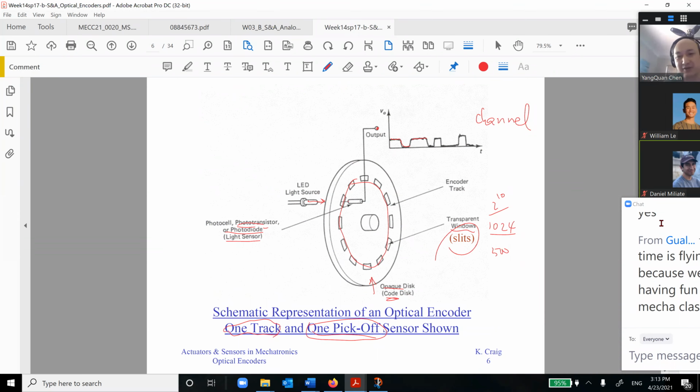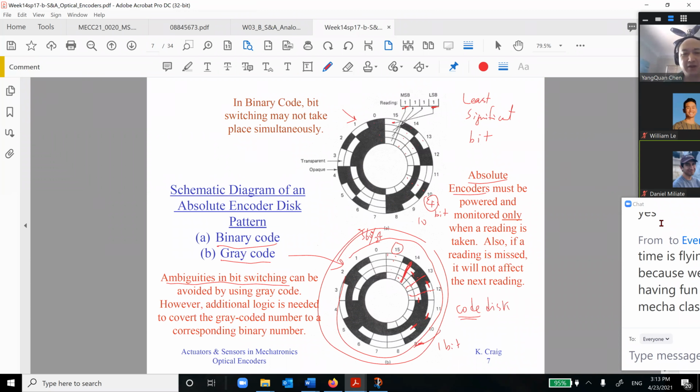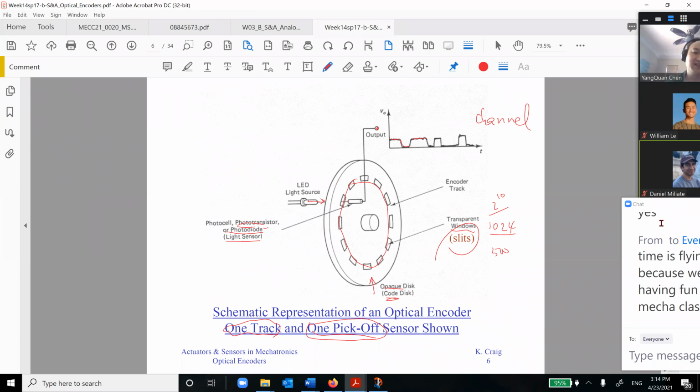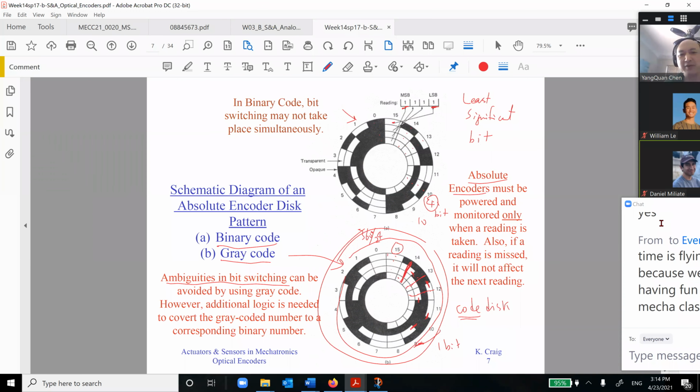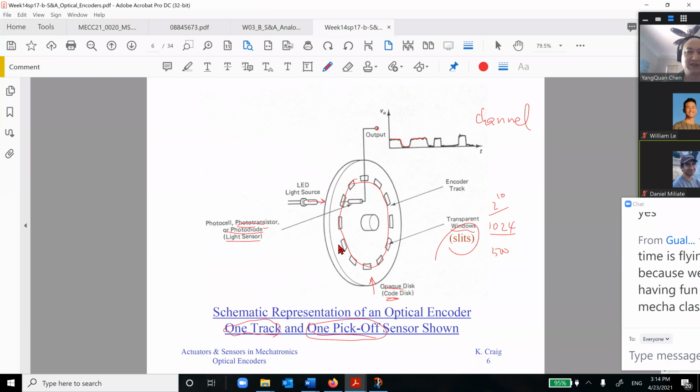Yes, it is possible. So if I look at this disk, I may have multiple tracks with different transparent windows coded in such a way. So let's go back. So this is just one.